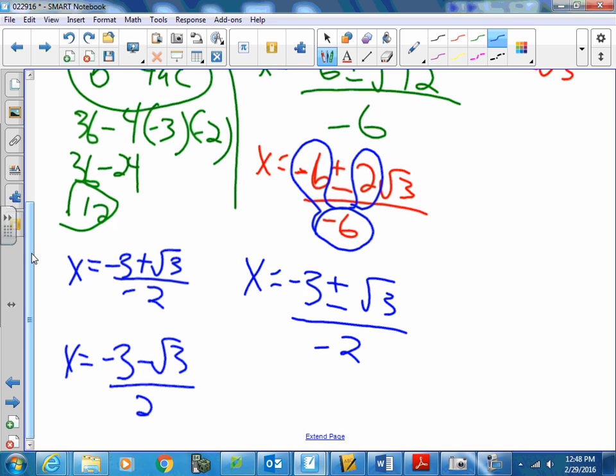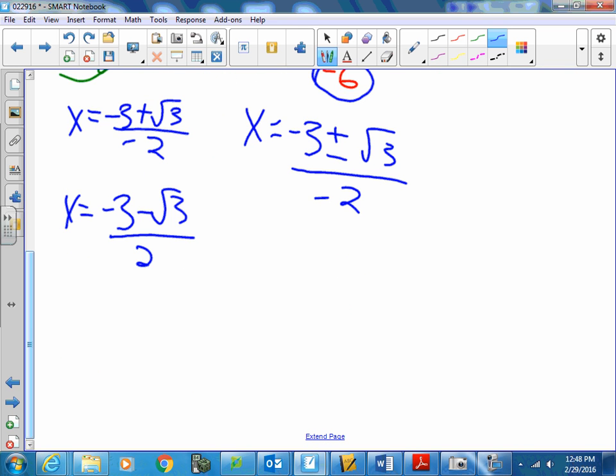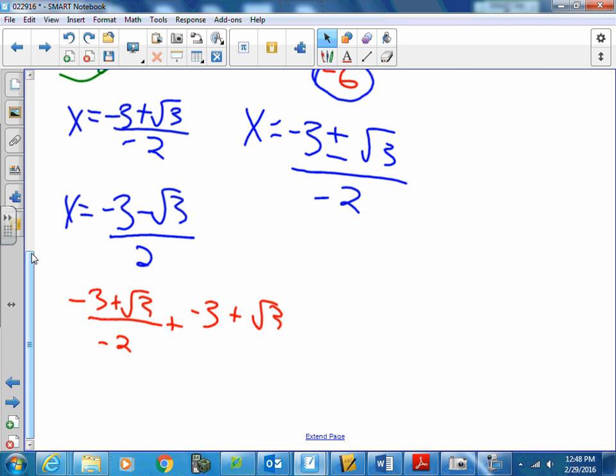So if I want to find the sum, well, I can just add them up. So I'm going to have negative 3 plus radical 3 all over negative 2 plus negative 3 minus radical 3 all over negative 2.